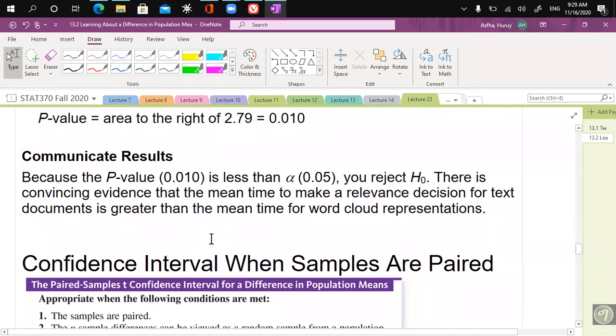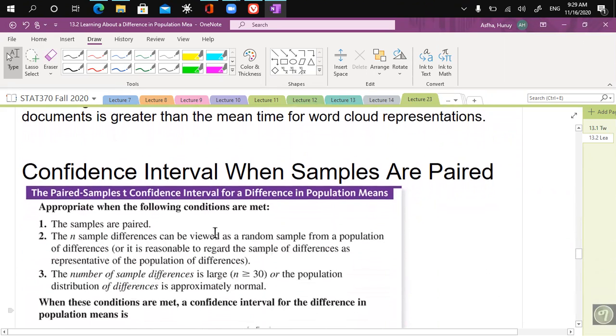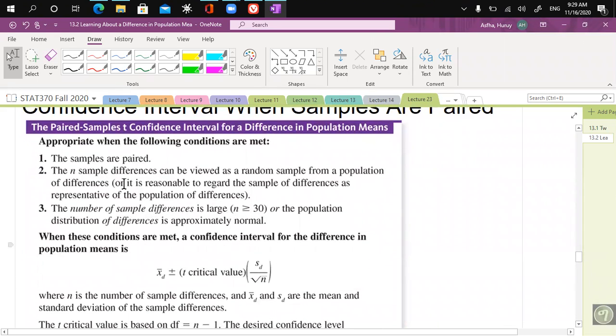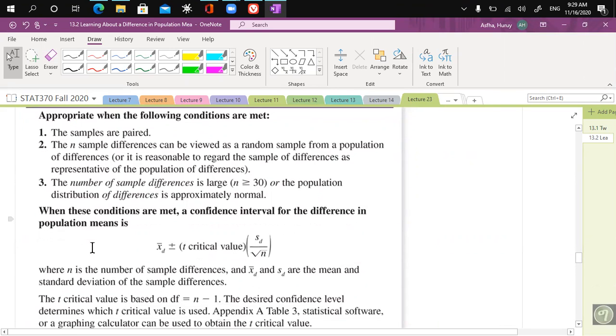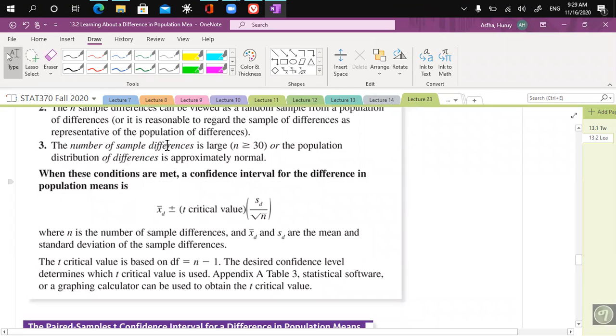How about confidence interval? How do we construct a confidence interval for a paired sample? Okay, so the conditions are the same. There's no difference. And once the conditions are met, this is how we calculate the confidence interval with a certain confidence level.